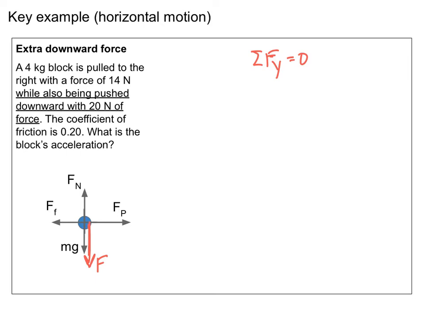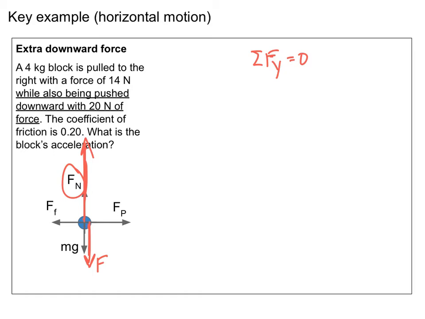If I have mg and F both pushing down, this normal force is going to have to respond and be bigger. Okay, so my normal force is not a set amount for every situation or every block. The normal force responds to all the other forces that are acting on it.